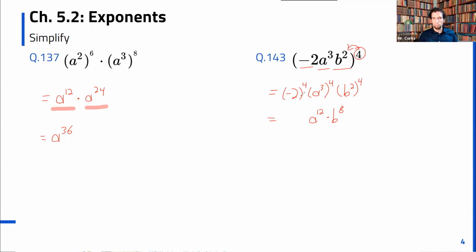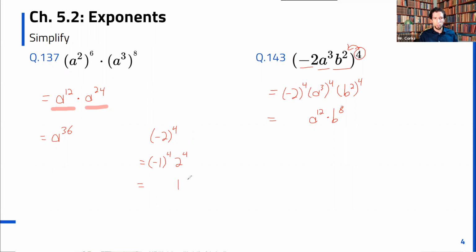And then here, -2 to the exponent 4 is 16. Positive or negative? Positive 16. What we could have done instead is think of this as -1 to the exponent 4 and also 2 to the exponent 4.